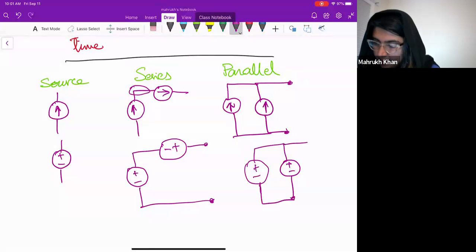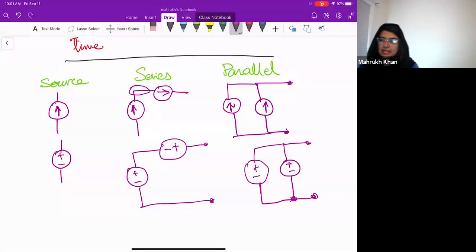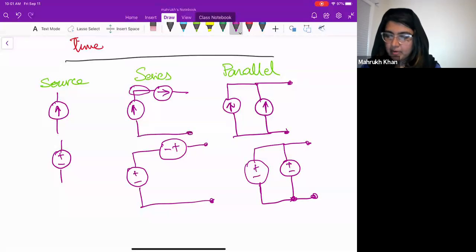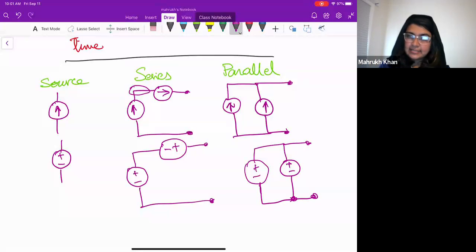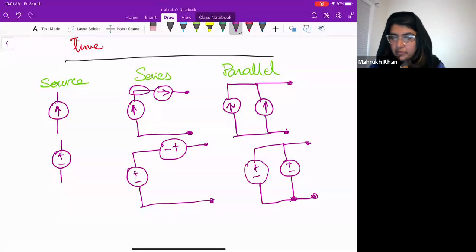To understand them, you just think about KCL and KVL. KCL says that at any node, the current entering should be equal to the current leaving. And KVL says that in a single loop, all the voltage drops should sum to 0.